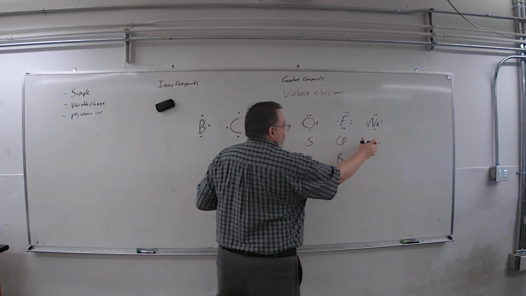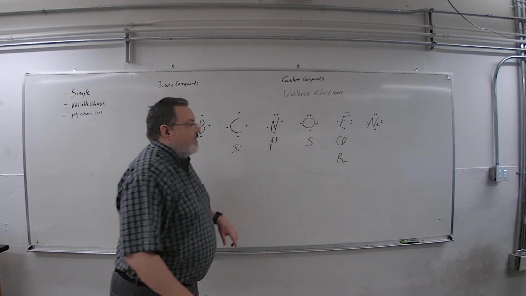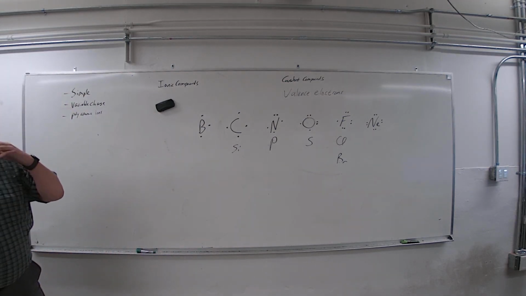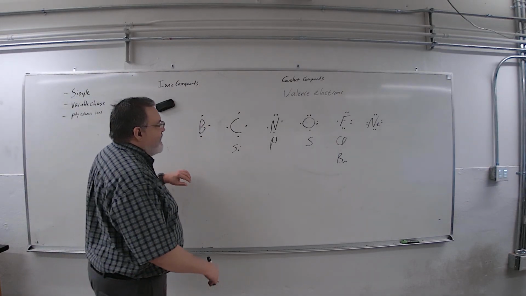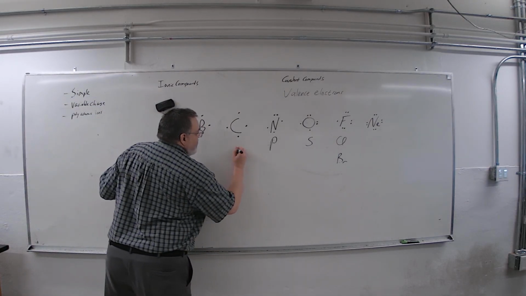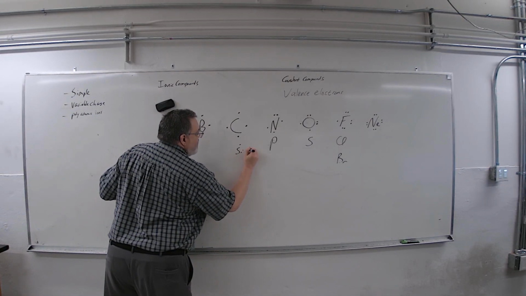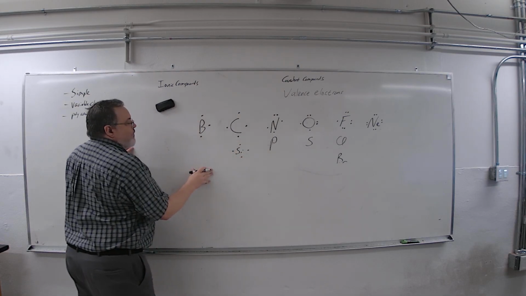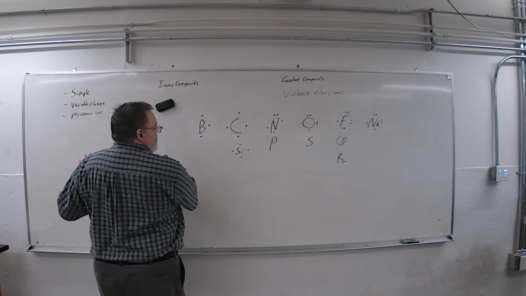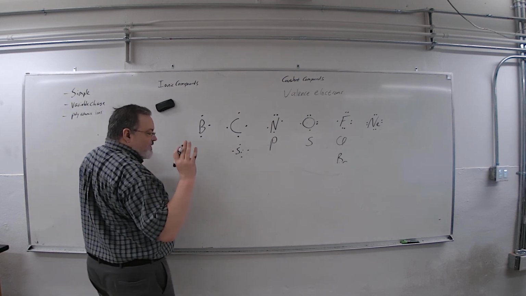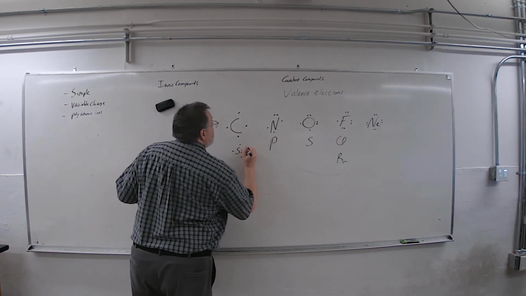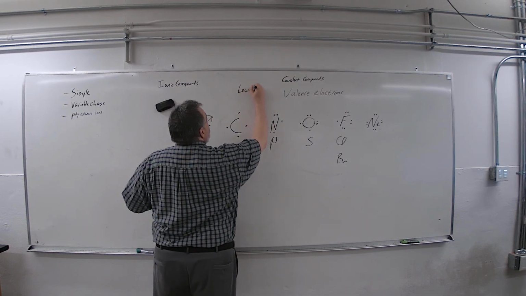Truthfully, some of the noble gases make some kind of exotic covalent bonds, but we'll skip that for now. And then everything below again is the same. Just below boron is aluminum, and that's a metal. And those aren't very useful to do these structures for. These are called Lewis structures.